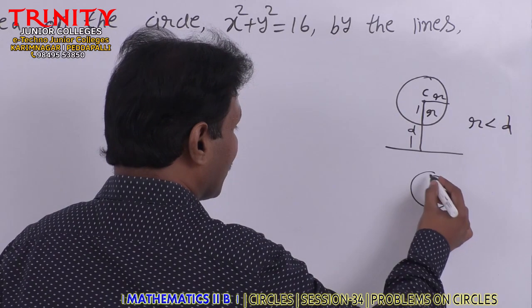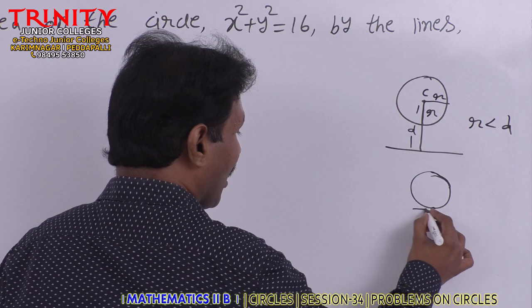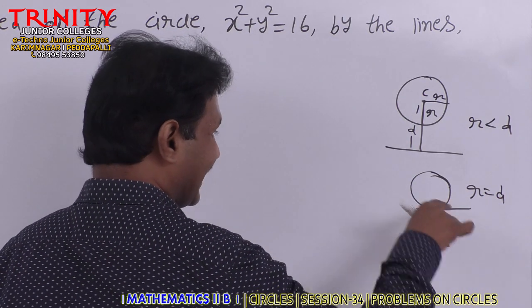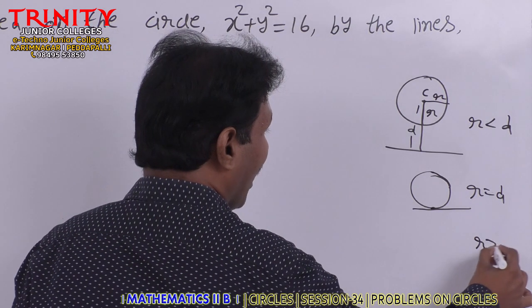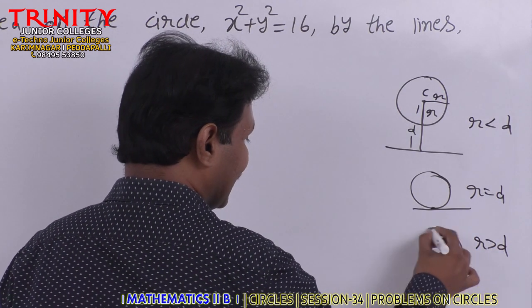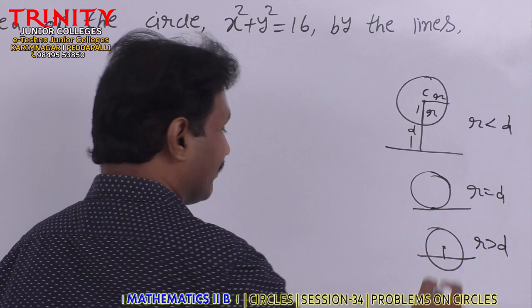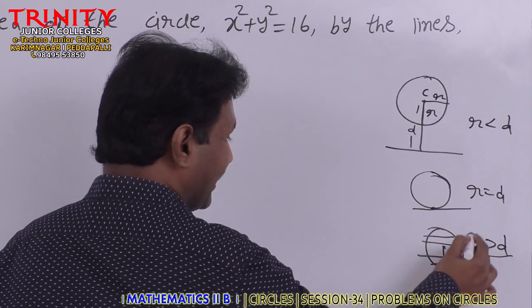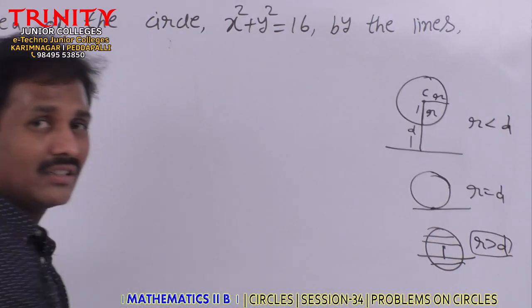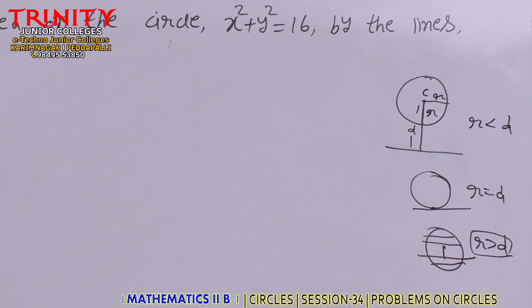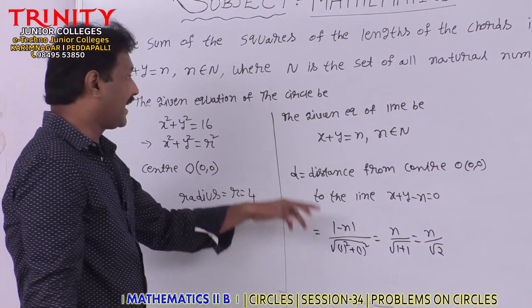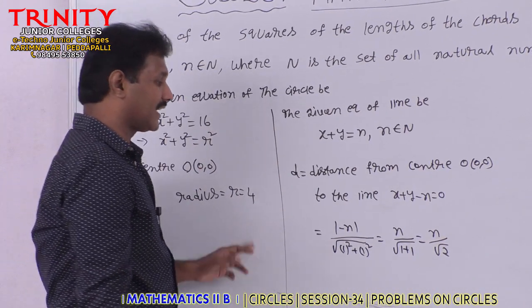If r equal to d, the condition of tangency, the line touches the circle. Suppose r is greater than d, the line becomes a chord of the circle. By data, the given line is a chord of the circle.